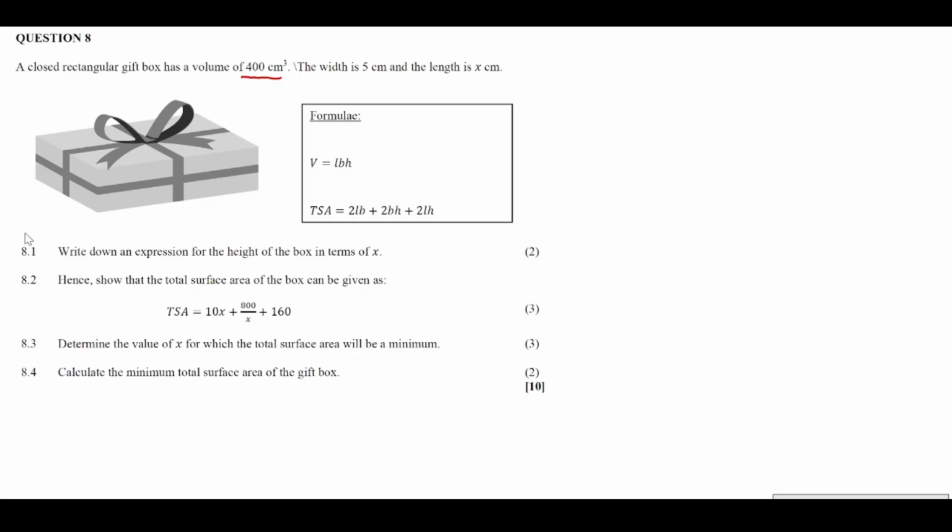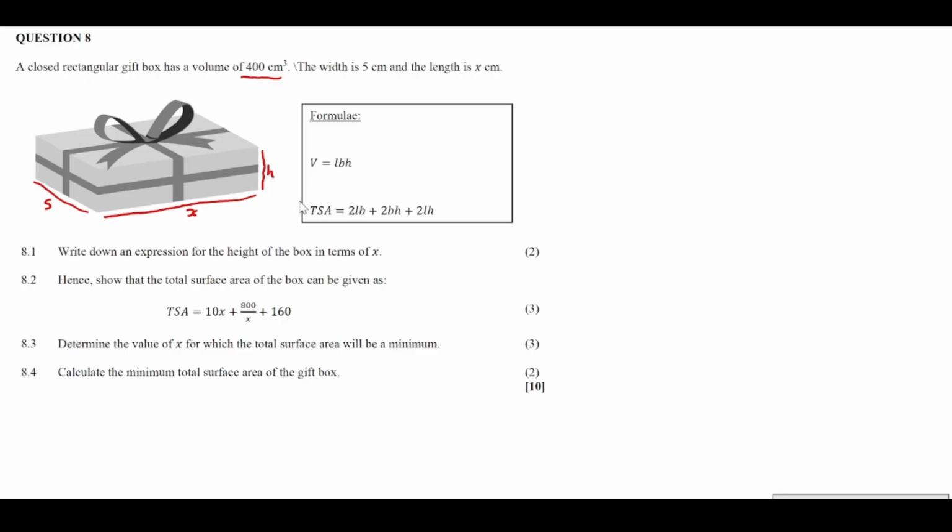The width is 5. It doesn't really matter, but it helps that you know it. And then the length is x. And then automatically you have an h here, which represents your height.